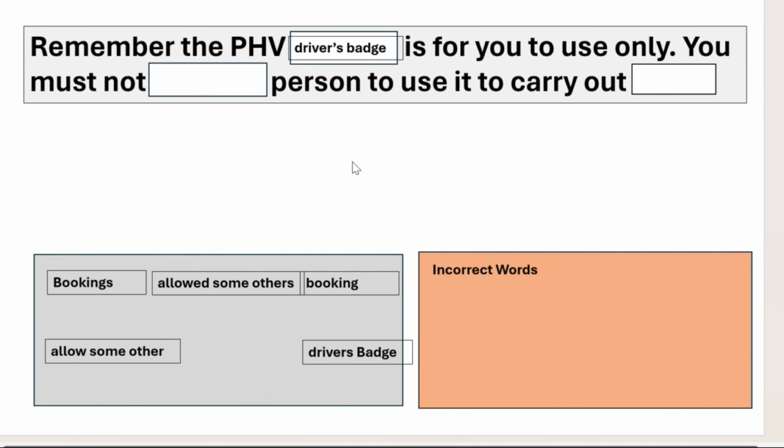So why is this the correct answer, and why is the other not? If you say driver's badge, it represents one driver, a particular driver you are trying to mention. I'm not talking about the terminology or deep grammar, I'm just giving you an idea, because as a Uber driver you don't need to understand lots of grammar, I know.